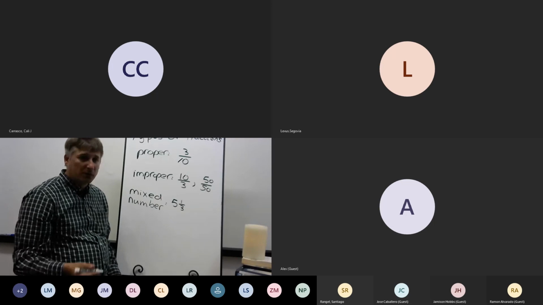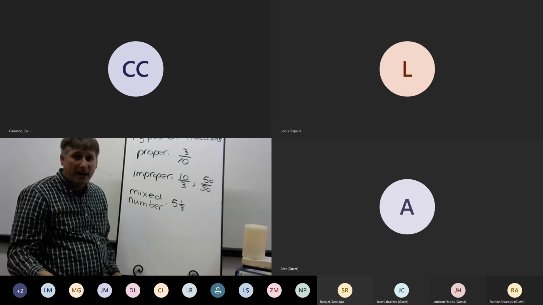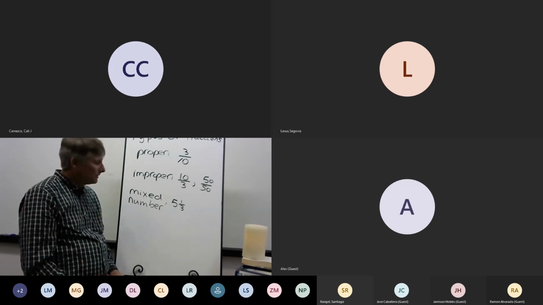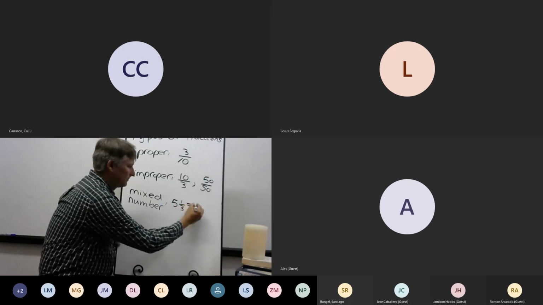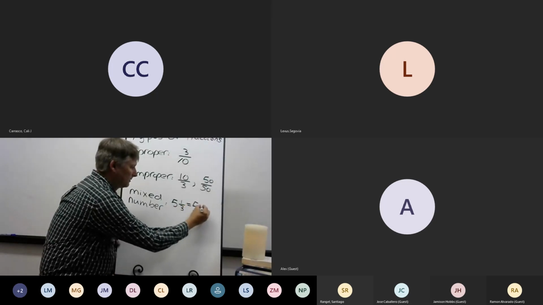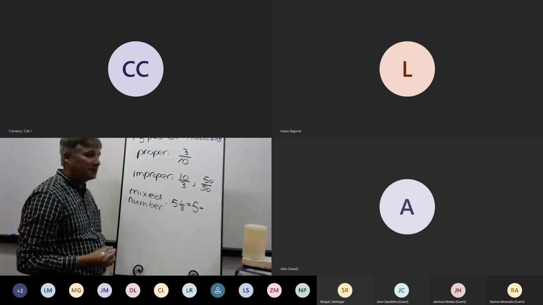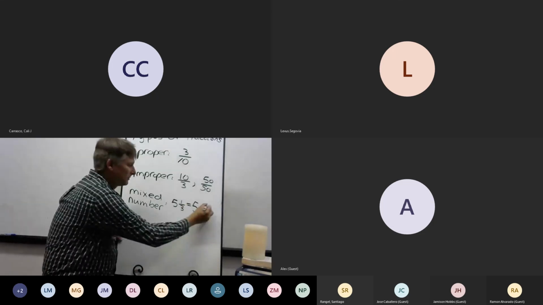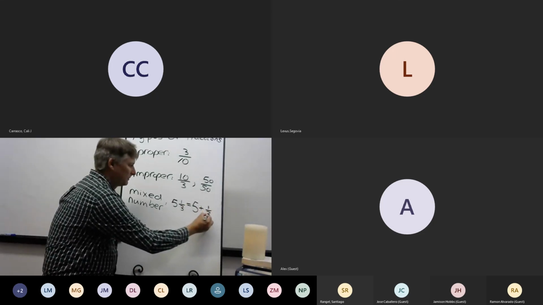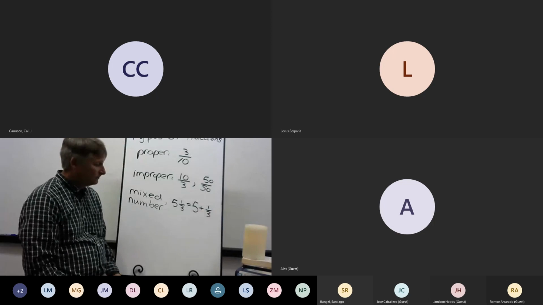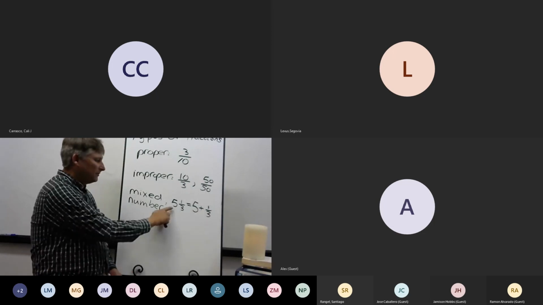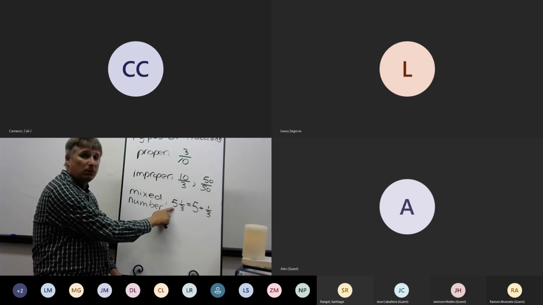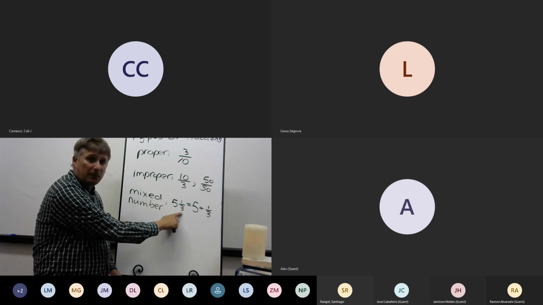This is 5 1/3. Or you might see 2 1/2. This has a special meaning. It's 5 plus 1/3. So when you have a mixed number, you have the whole plus a little bit more.